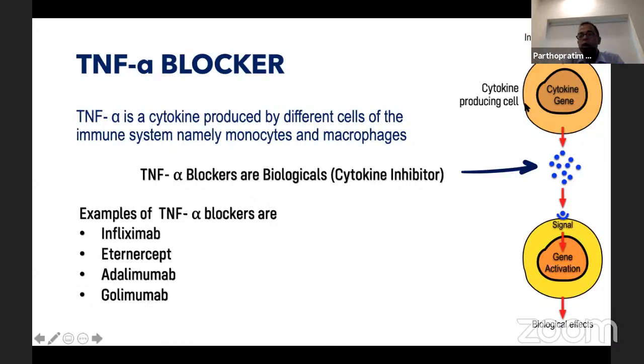For example, this is a cytokine producing gene, and they prevent this cytokine release. The cytokines otherwise incite signals and cause the biological effects of inflammation. So these TNF alpha blockers prevent this cytokine release. Common examples of TNF blockers are infliximab, etanercept, adalimumab, and golimumab.